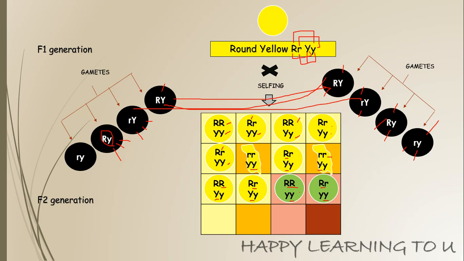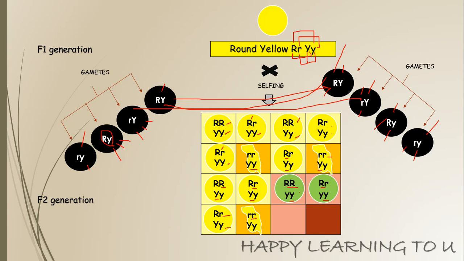And the final, we come to small r and with this. So capital R, small r and capital Y, small y. So again it is round and yellow. Now this one with this one. So what you have is both small rr and capital Y, small y.